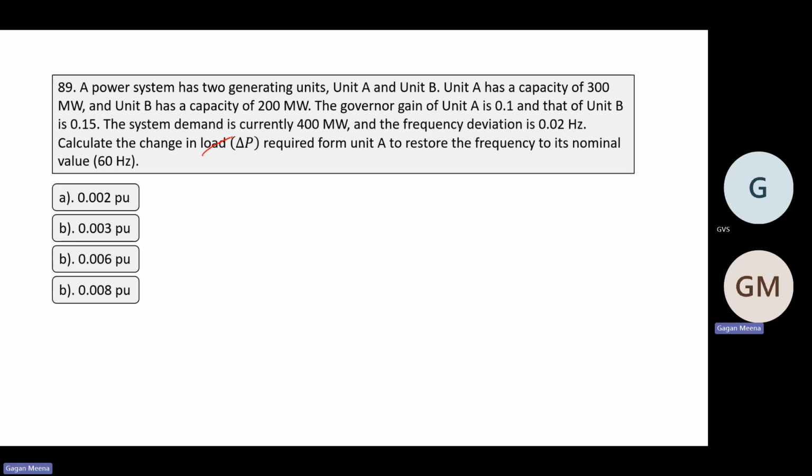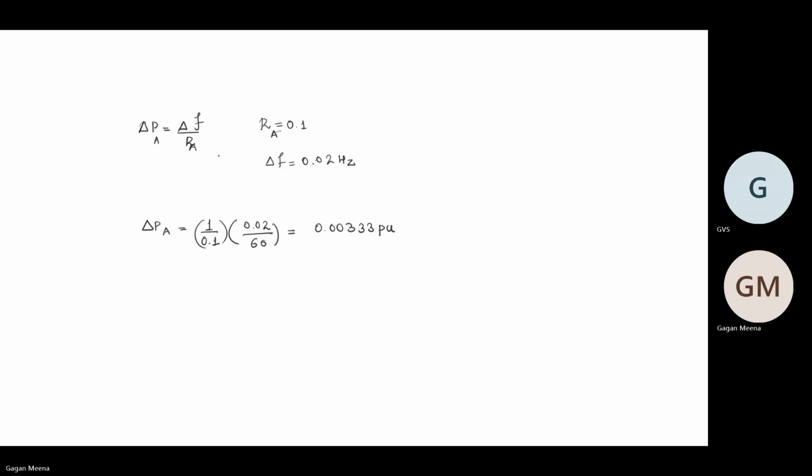This is the relation between frequency and droop: delta P is delta F by R, the governor gain.